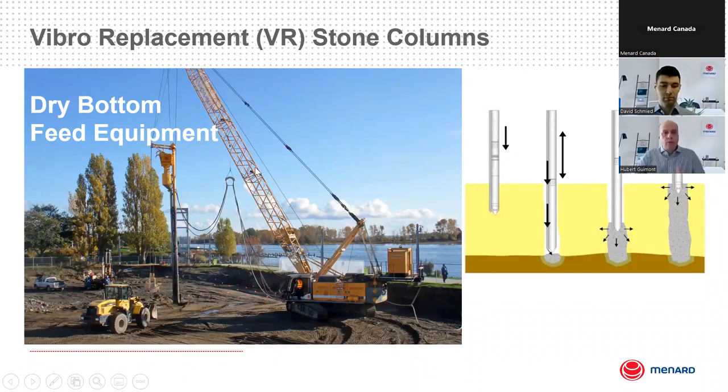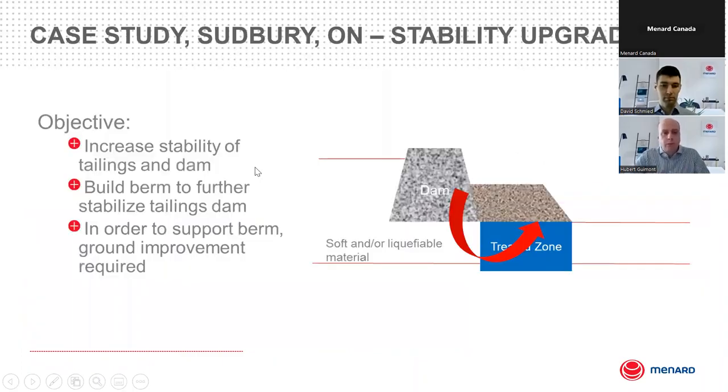I'll give you a very simple case story here, a project that we've performed in the Sudbury area. The project has been using stone columns and wick drain, so vertical drain, to increase stability of a tailing dam.